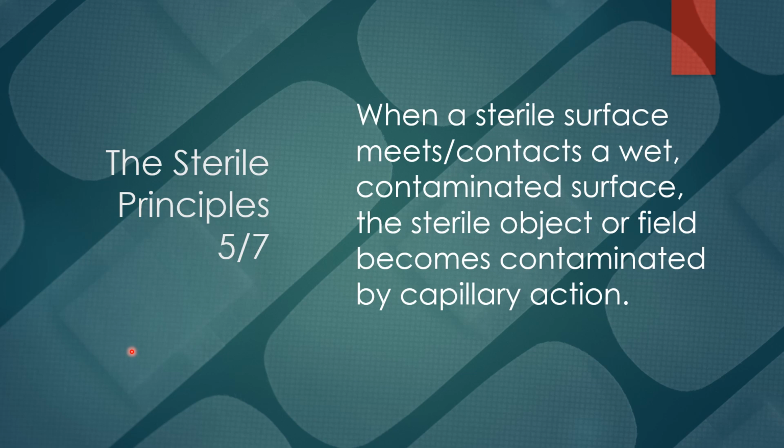So we need to ensure that the table that we are putting our sterile tray on is clean and dry before we open our sterile field on top. And then when we're pouring our sterile solution into our containers to use to clean our wound, we need to make sure that that sterile solution stays inside the waterproof container, that it doesn't splash out onto any other sterile objects, as they will then become contaminated.